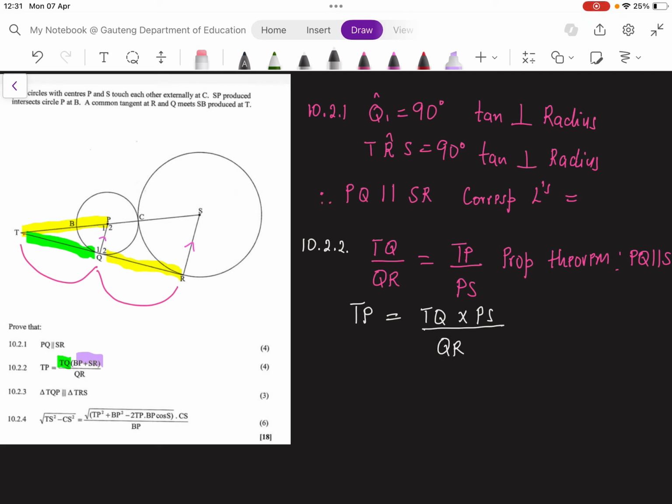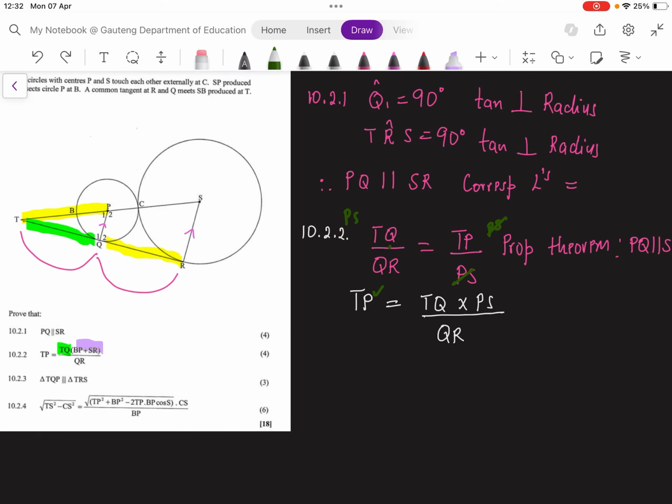Now, how did we get to that? We multiplied by PS. Even here we multiplied by PS. So PS and PS cancelled out, and we remain with TP equal to TQ times PS over QR.